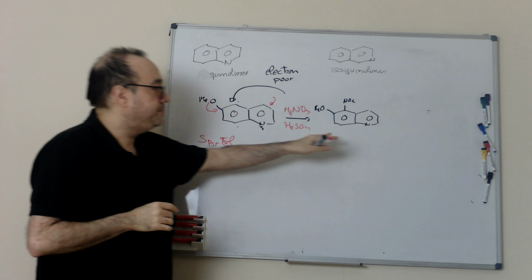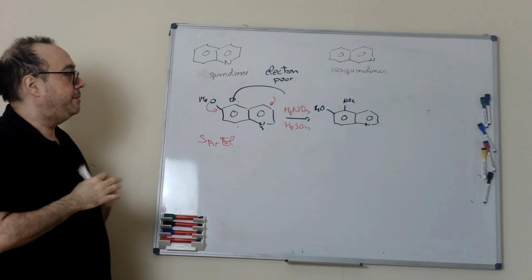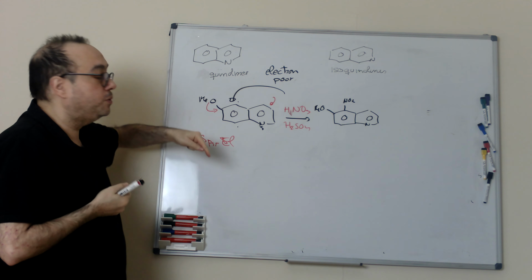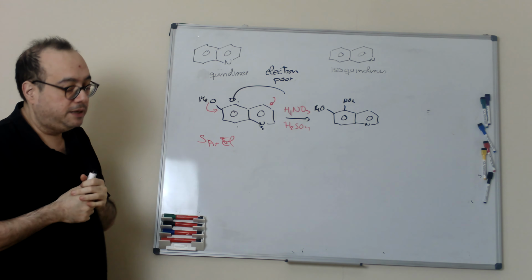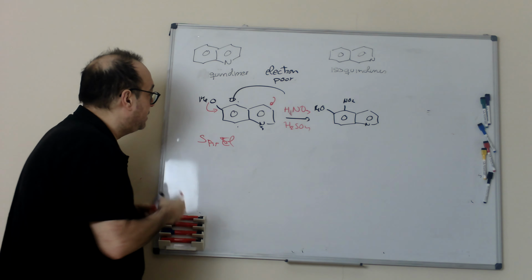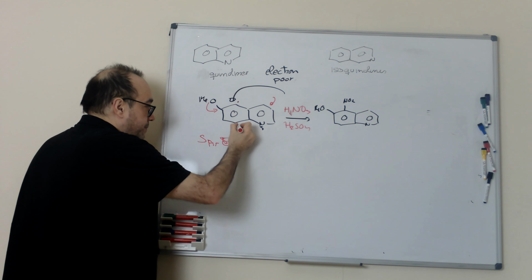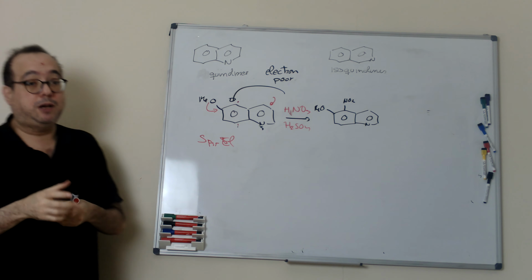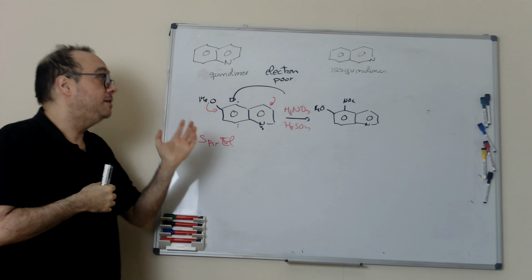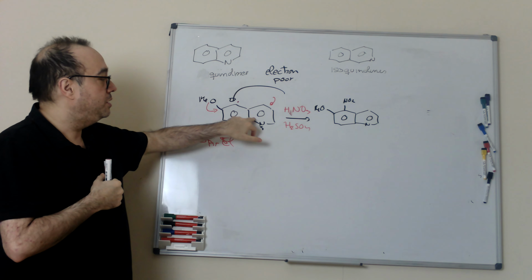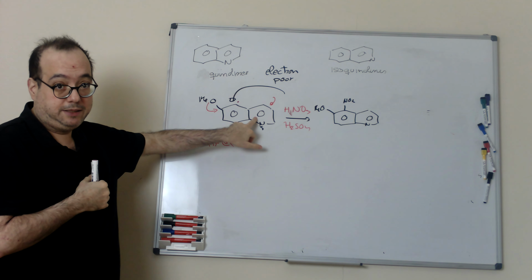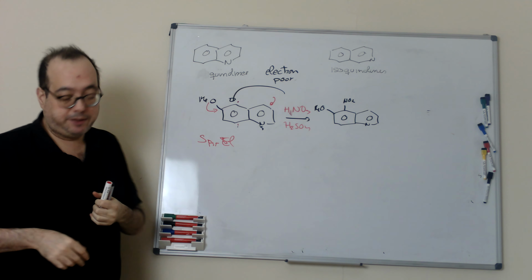This is basically the reactivity. In the electrophilic aromatic substitution, the two favored positions are the two that are close to the pyridine ring, here and here. But it's not working well. The thing that will not happen is that the electrophilic aromatic substitution goes to this ring. Okay? This will not happen.